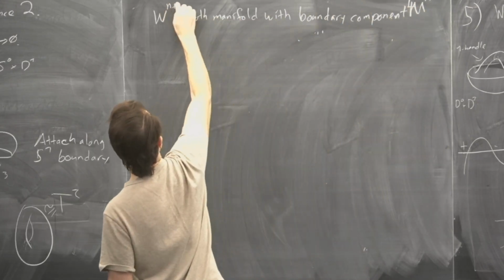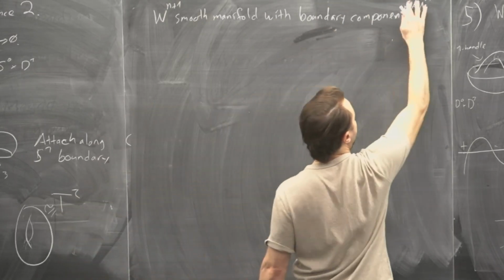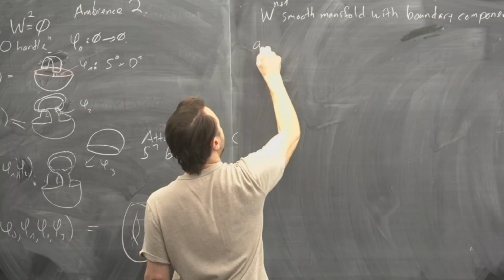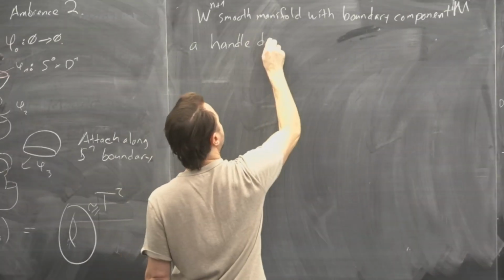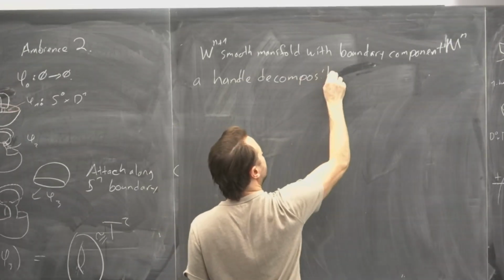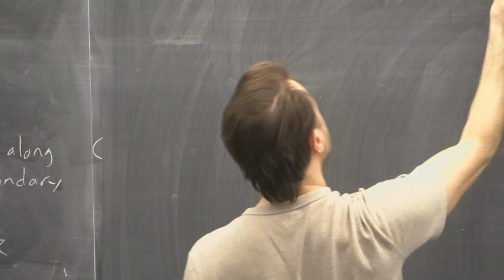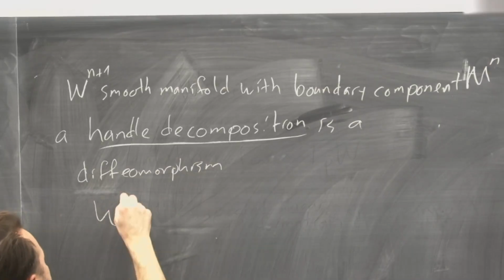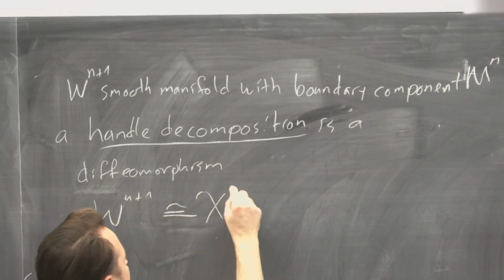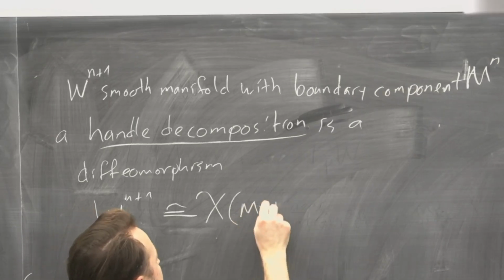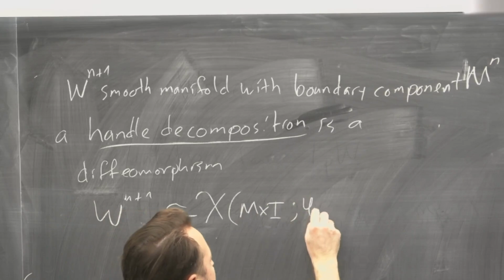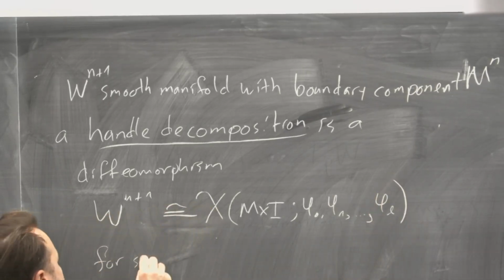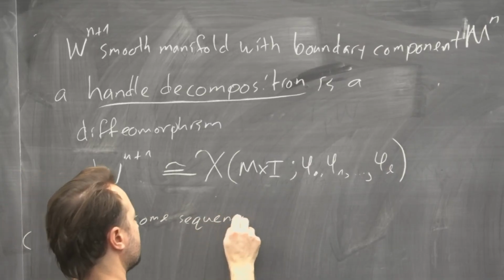So if you start with a smooth manifold W that has a boundary component M, and this boundary component, again, could be empty, as over here where we started with something empty, then a handle decomposition is a diffeomorphism between W and a sequence of handle attachments starting at the cylinder on this boundary component, for some sequence of handle attachments.